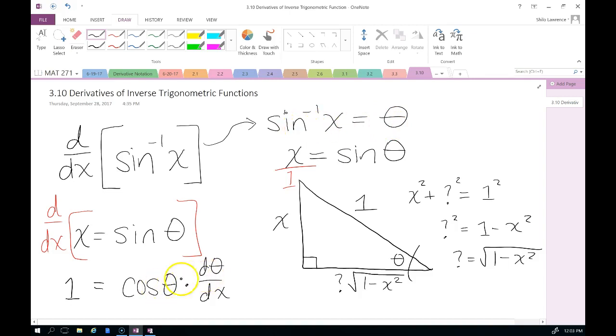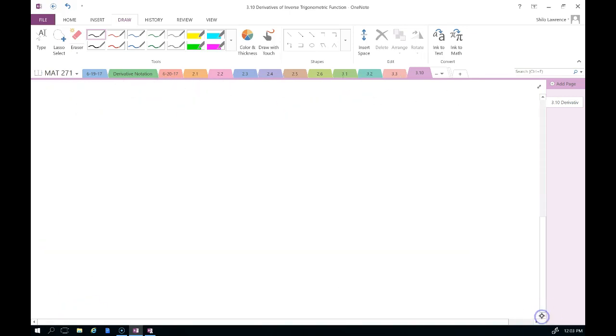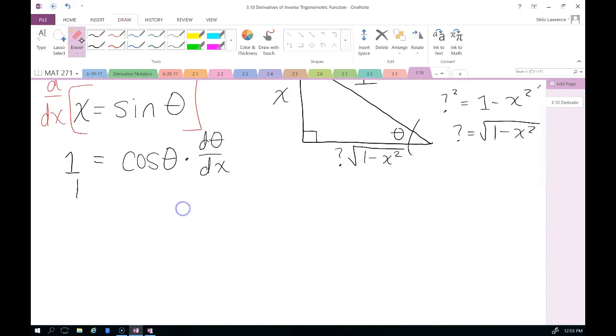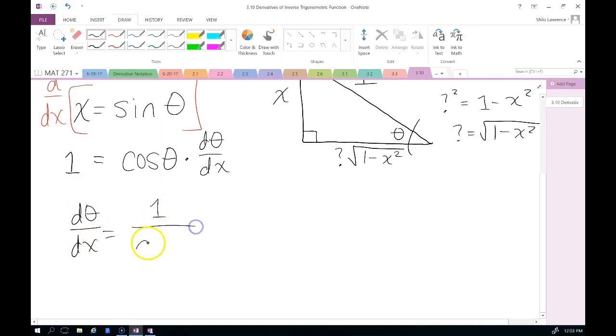So if I solve this for d theta dx, I get d theta dx equals 1 over cosine theta, which is secant theta.